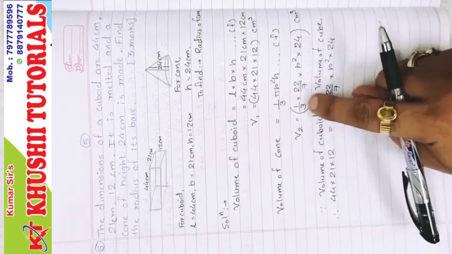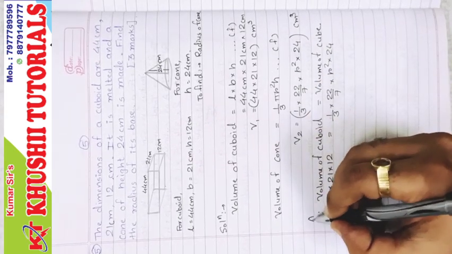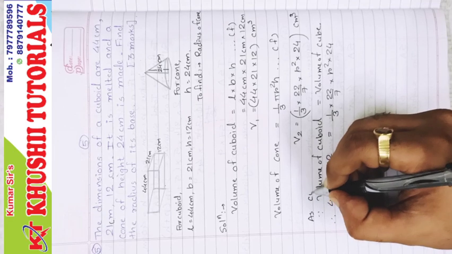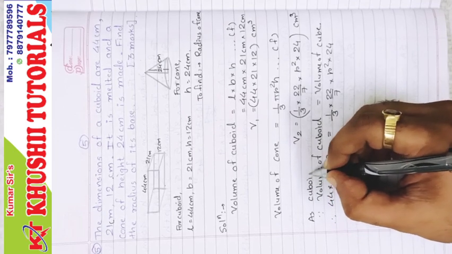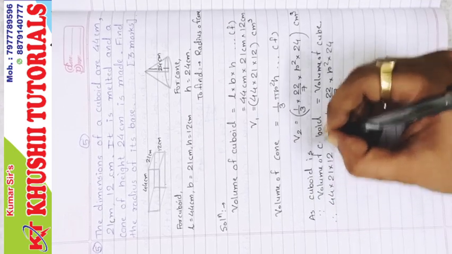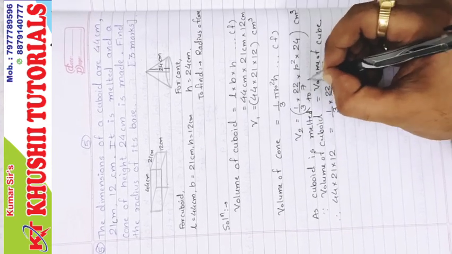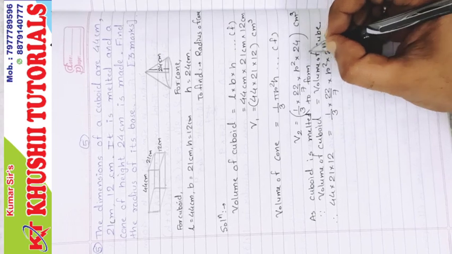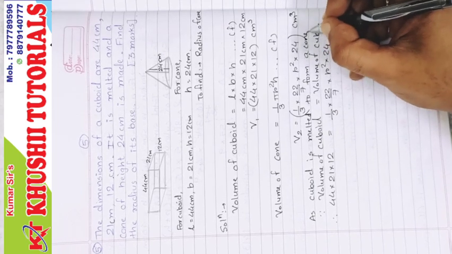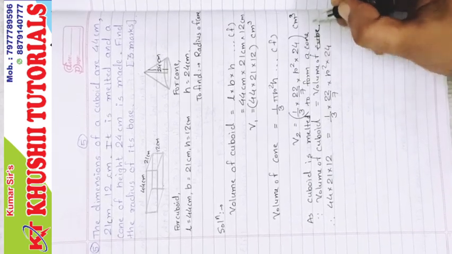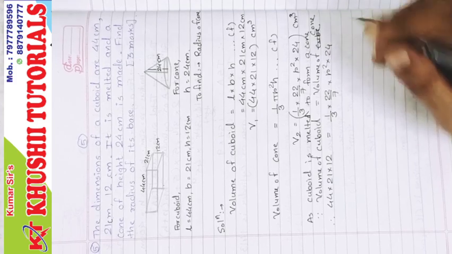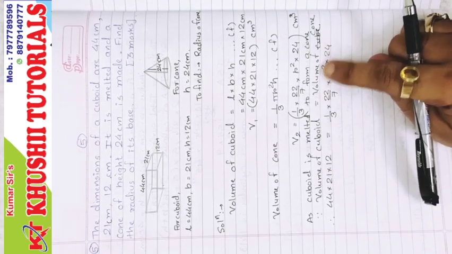Here in the upper part you can write, a cuboid is melted to form a cone. Not cube, it's a cone, right? So volume of cuboid equals volume of cone.